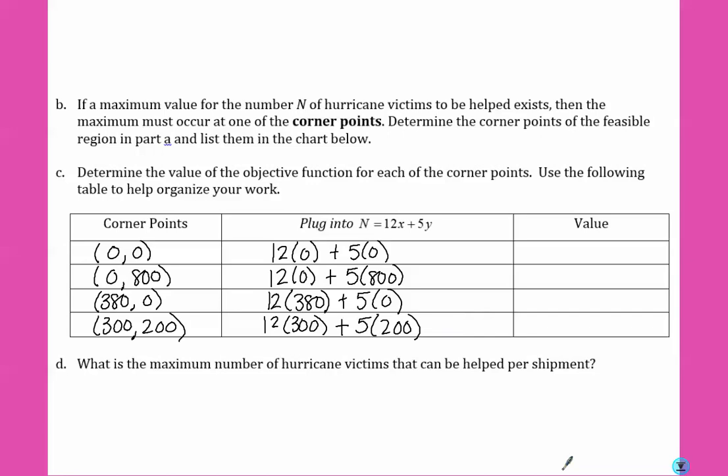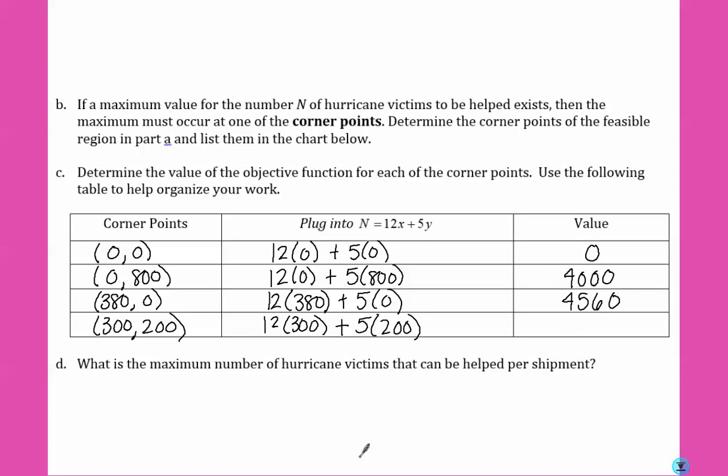All right, so if we send 0 food and 0 clothing, how many people do we help? 0. If we send no food but 800 things of clothing, we help 4,000 people. If we send 380 of food but no clothes, how many people do we help? 4,560.